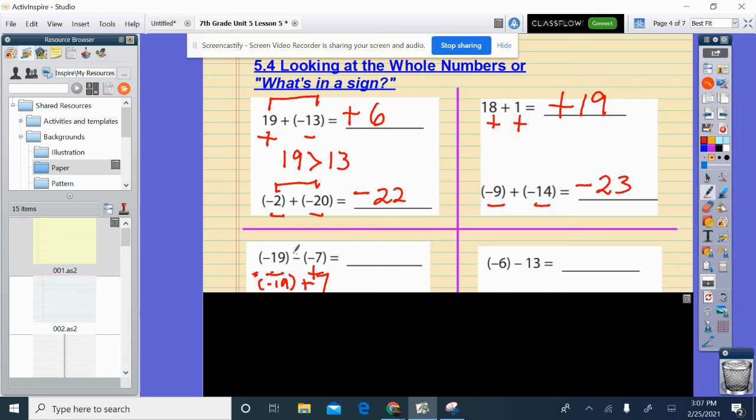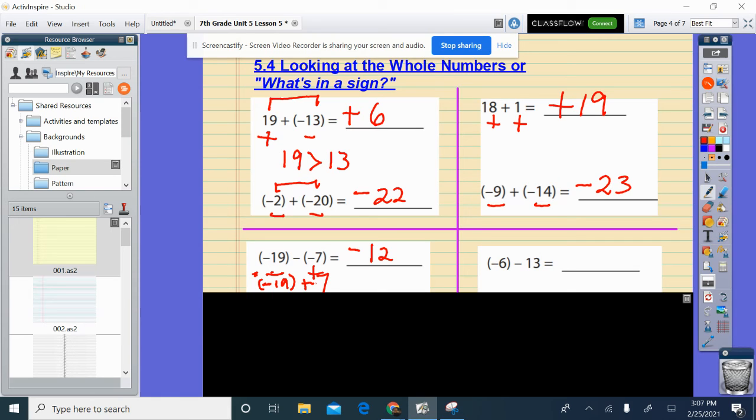Again, what's my final answer going to be? Well, 19 is greater than 7, so I'm going to have more on the negative side of 0 than the positive side. So my answer will be negative. Negative 19 plus a positive 7 would equal a negative 12. Once again, when you subtract a negative, it's like adding a positive.